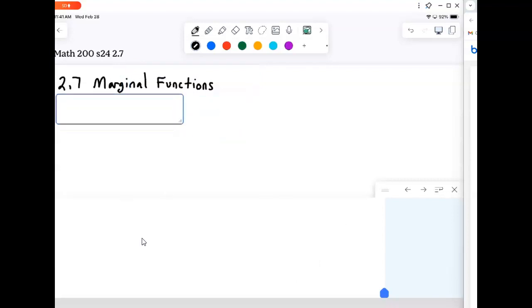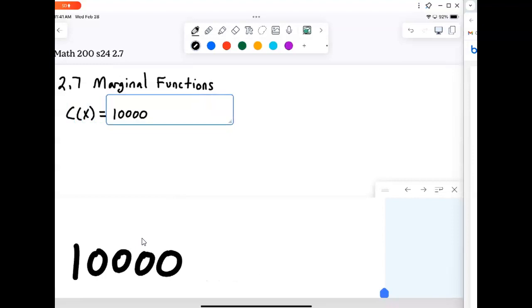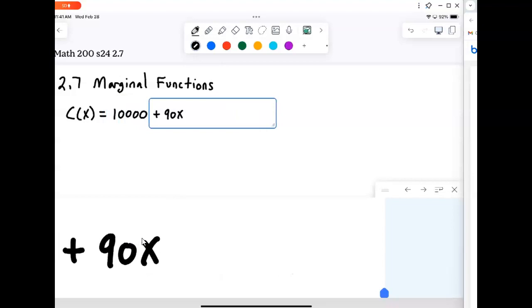And so consider the following situation here, where we have a function that tells us the cost of manufacturing some item. So in this particular problem, our function is C of x equals 10,000 plus 90x minus 0.05x squared.